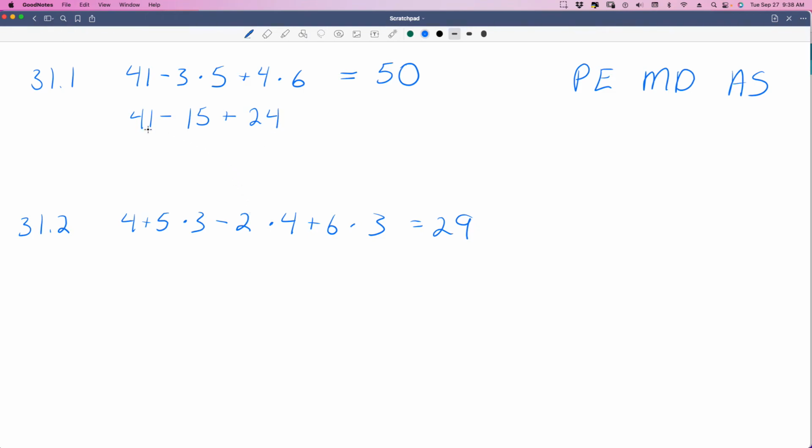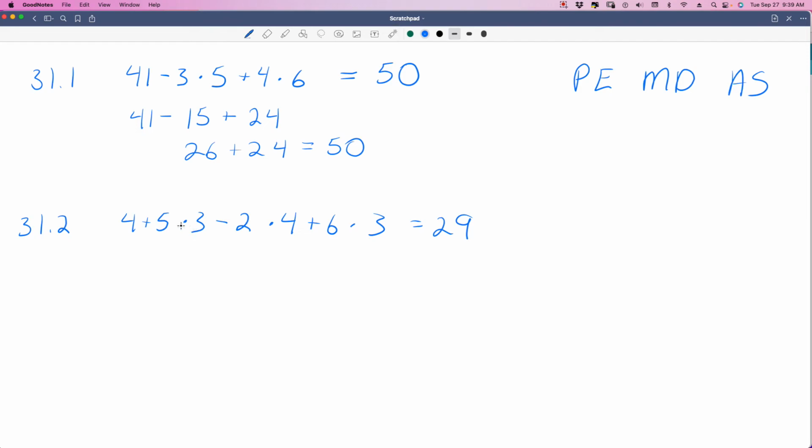Okay, now we don't have any multiplication or division. All we have left is addition and subtraction. So 41 minus 15 is going to be 26. 26 plus 24 is equal to 50.